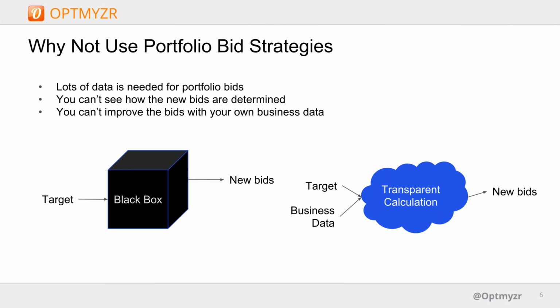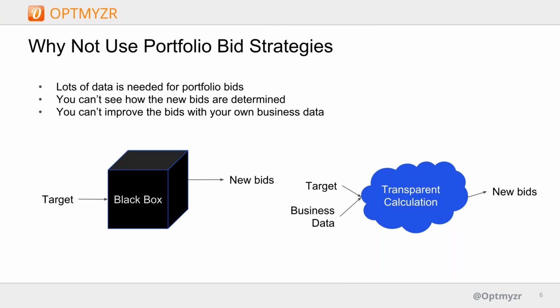Now, nobody cares about the black box when the bids that come out of it are working. But if for some reason the bids all of a sudden aren't so great anymore and the performance is going down, you really would want to look inside the black box and understand what factors Google is considering. Are they maybe missing something that I know about my business that they should have taken into consideration?